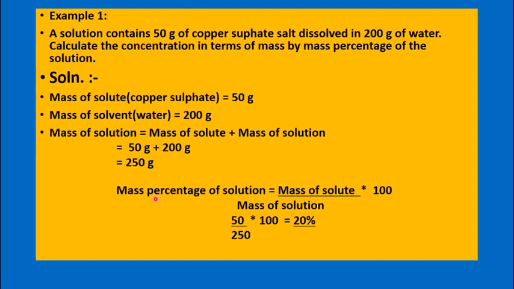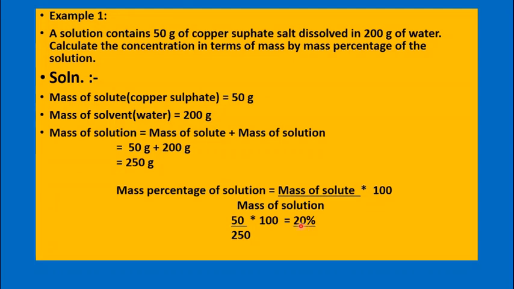Now, to calculate the mass percentage of the solution, divide the mass of the solute by the mass of the solution and multiply by 100. So 50 divided by 250, multiplied by 100, and you get the percentage concentration of the solution, which is 20%.